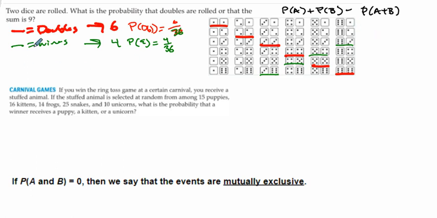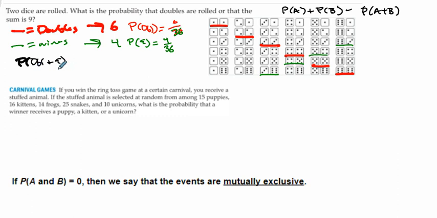Okay, now where do they intersect? That's what we've got to figure out: what is the probability of double and 9? Well, if you think about it, what happens when you double a number? When you double a number, it's the same as multiplying it by 2. And what we know about anything that's a multiple of 2 is that it's an even number. 9 is not an even number. 9 is an odd number.